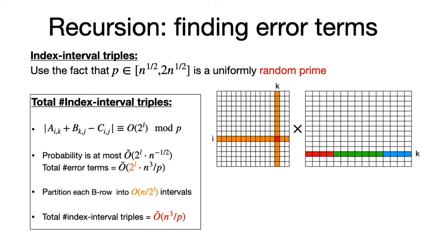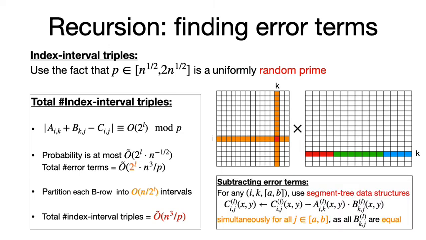When we are subtracting erroneous terms, we can apply some efficient data structures to do the subtractions for all polynomials simultaneously for all indices j from the same interval. Therefore, the runtime is proportional to the number of index interval triples, other than the original number of index triples.